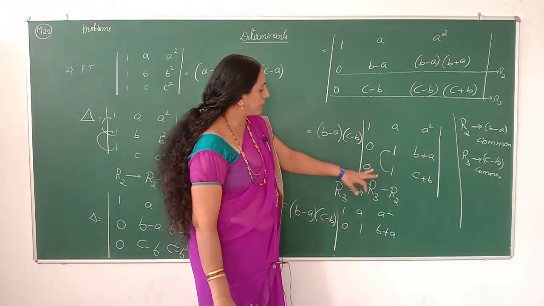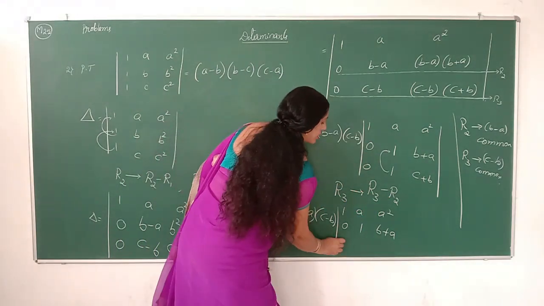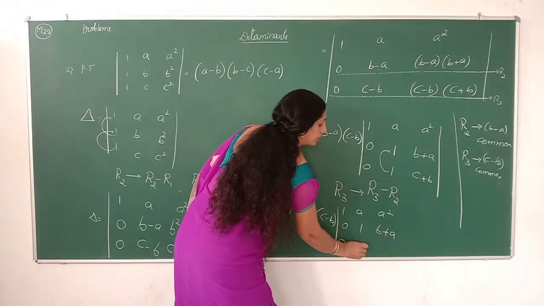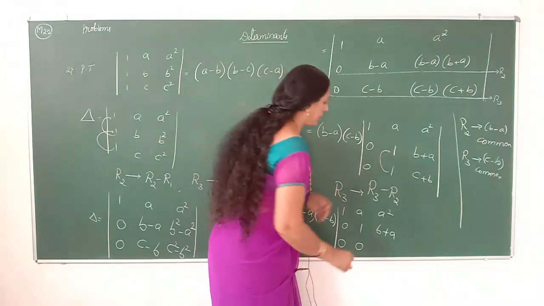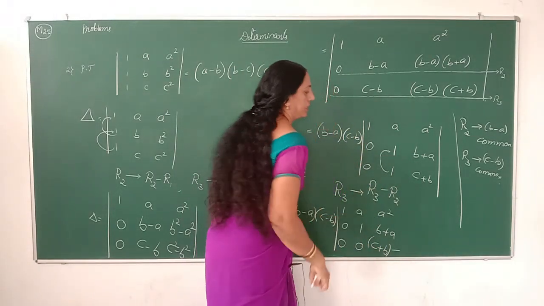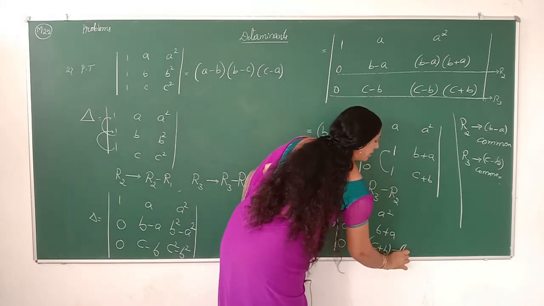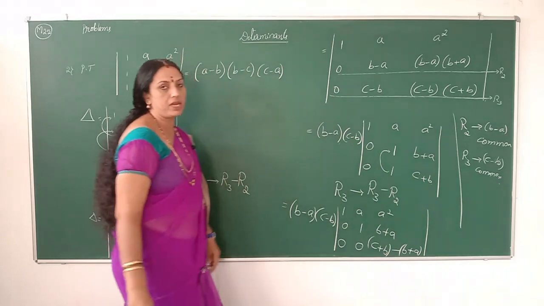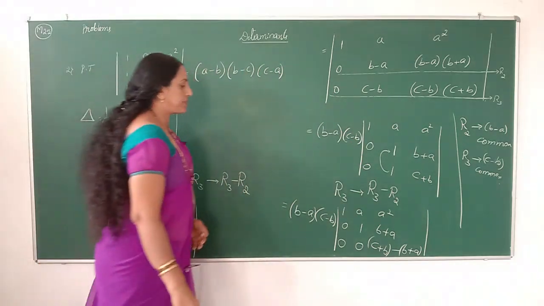So R3 minus R2 means 0 minus 0 is 0, then 1 minus 1 is 0. And the third element is c plus b minus the element of R2, which is b plus a. That is c plus b minus b plus a.